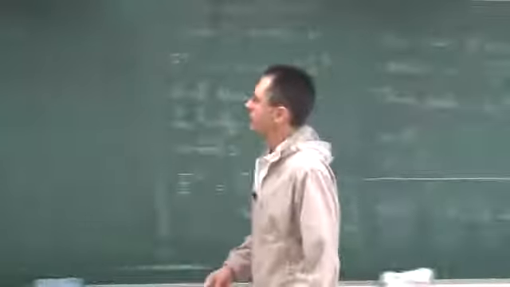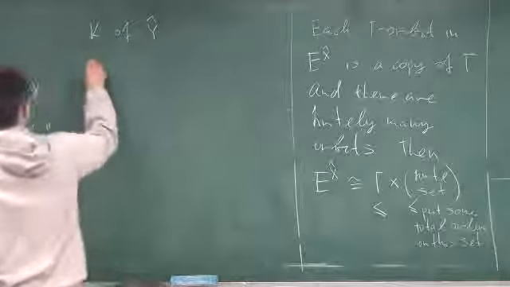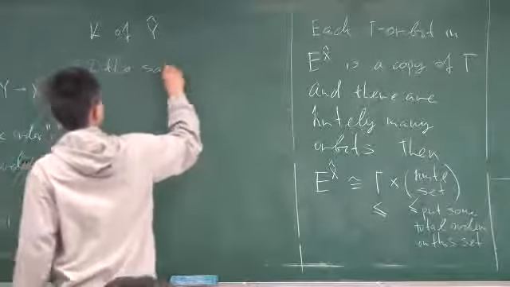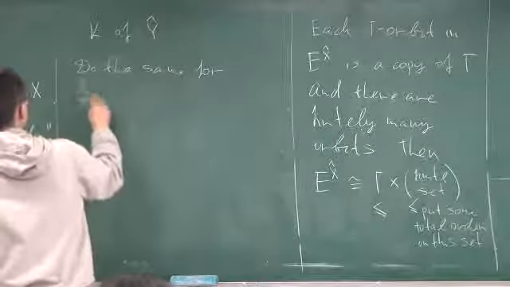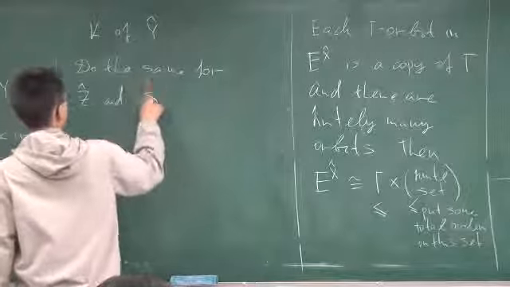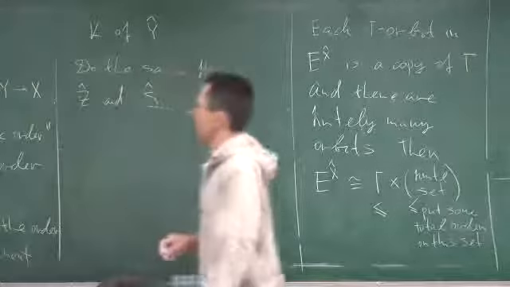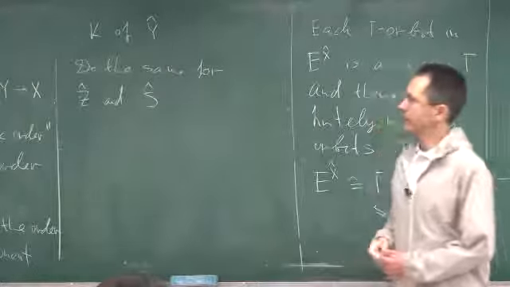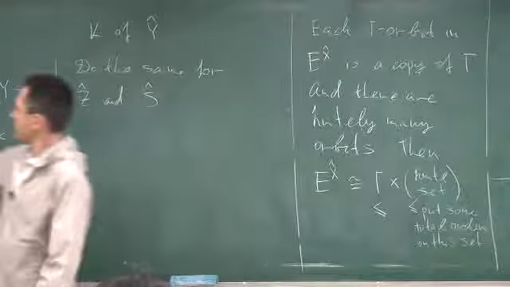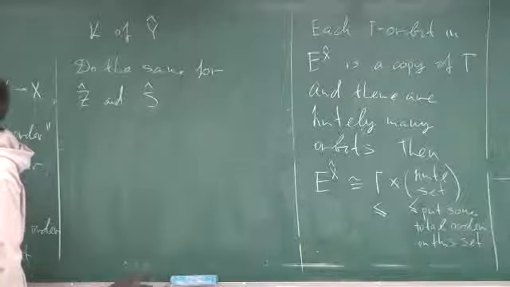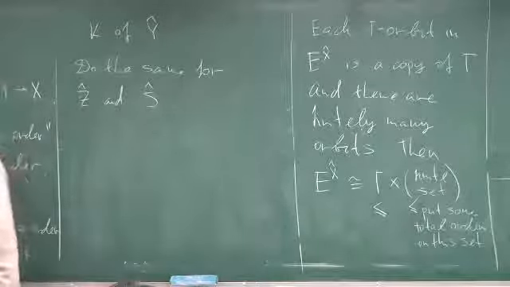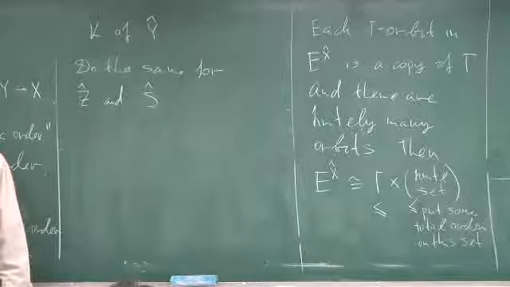We can do the same thing for z hat and s hat. So again, we have an ordering on each component of y hat. We have an ordering on each component of z hat and also on each component of s hat.